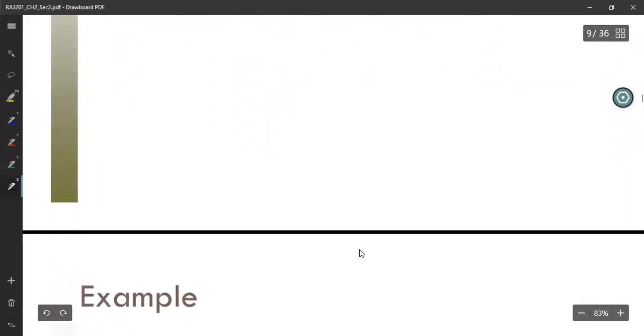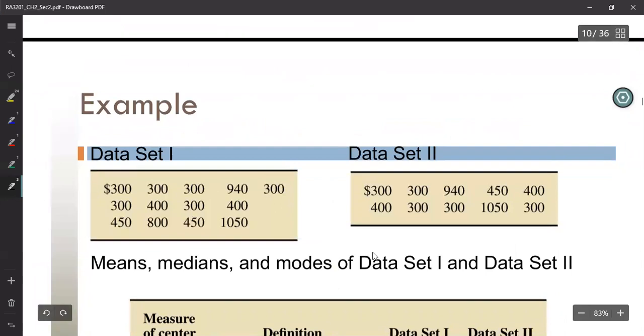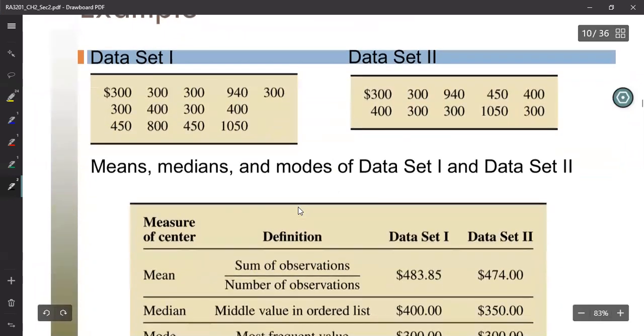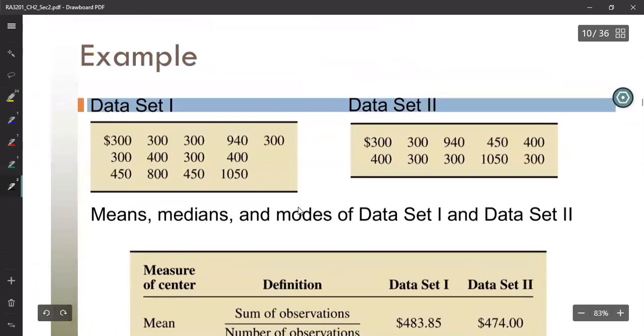Now let's compare these three measurements for a data set. You see in this example two data sets, data set 1 and data set 2. These are the values of a certain product measured in dollars, so you can forget about the unit of measurement.